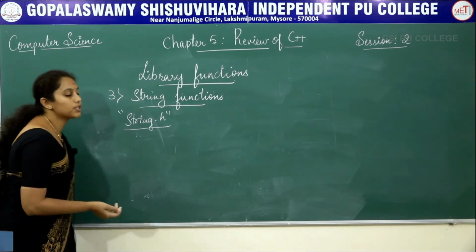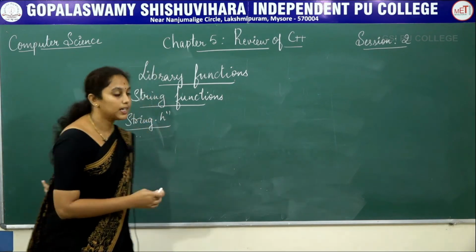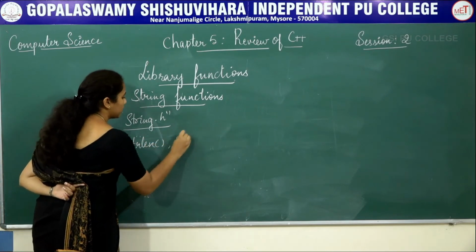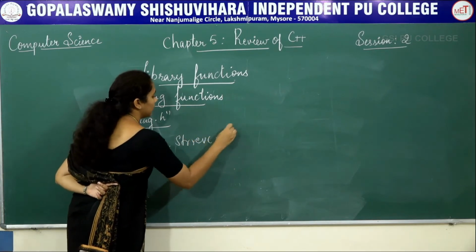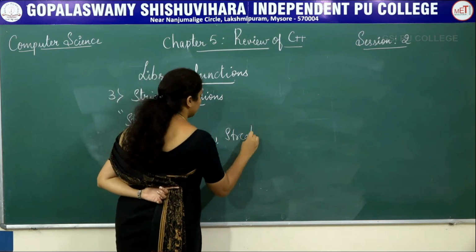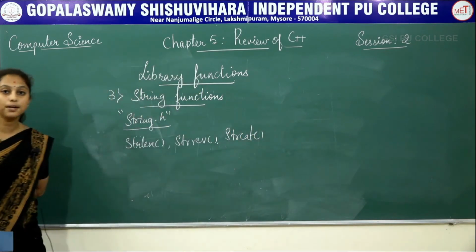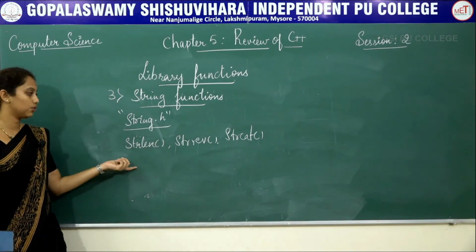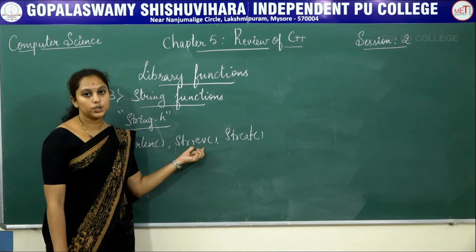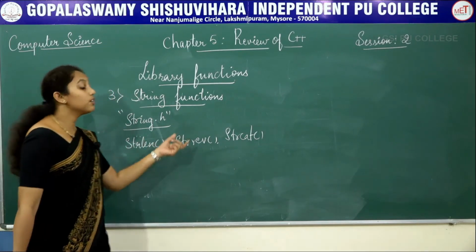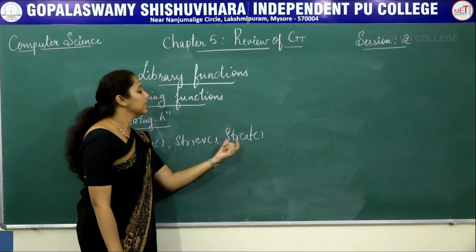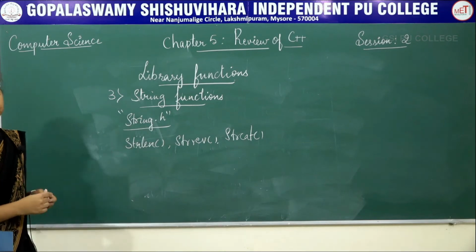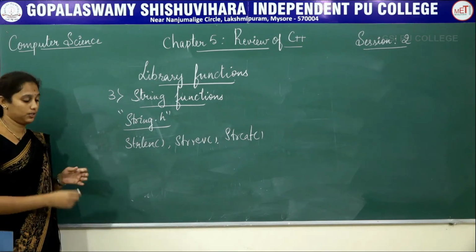Some of the examples for string functions are string length, string reverse, string concatenate and string copy functions. The string length function is used to find the length of the string. The string reverse function is used to reverse the entire string. The string concatenate function is used to concatenate two strings together. This is about string functions.